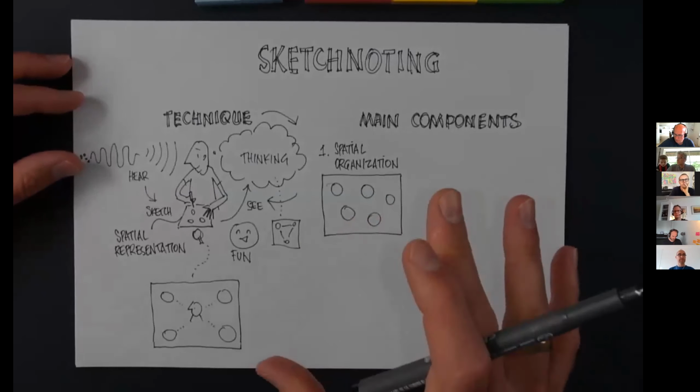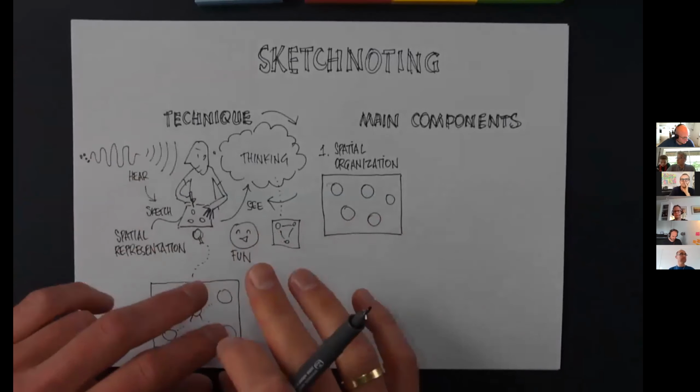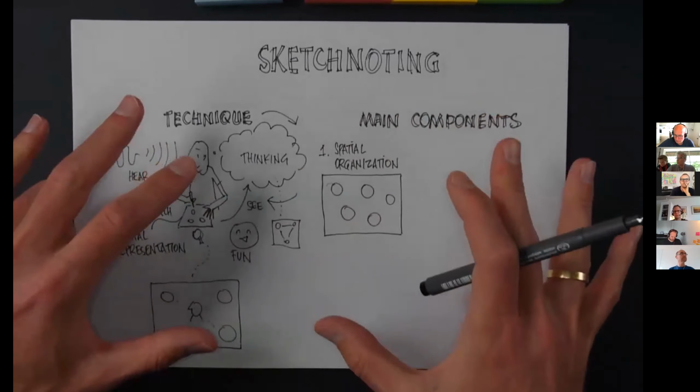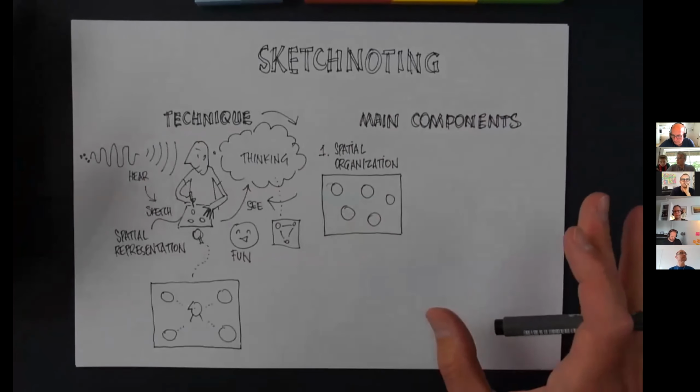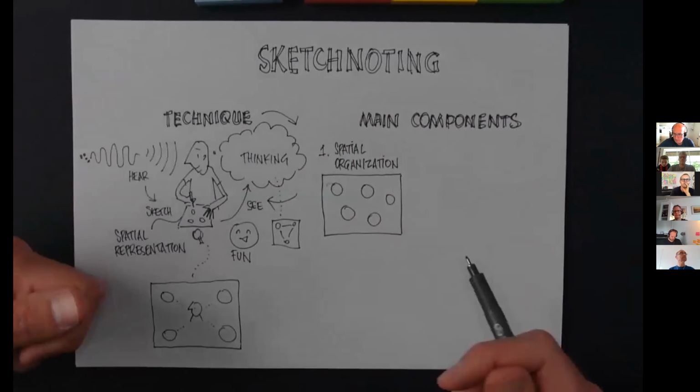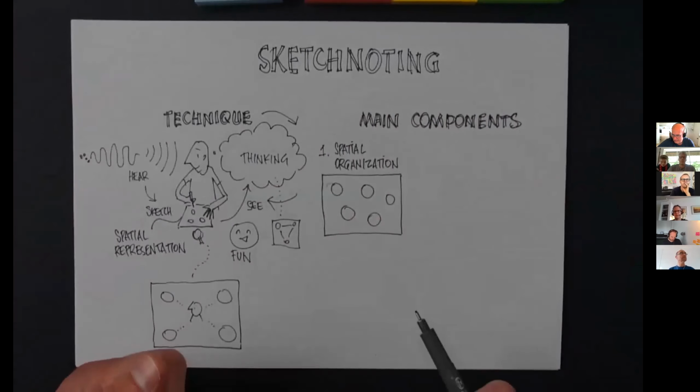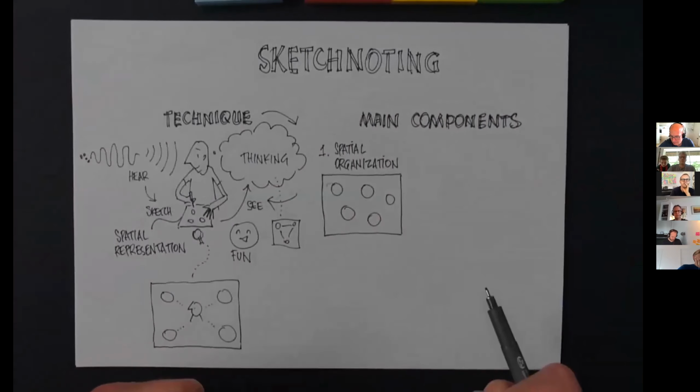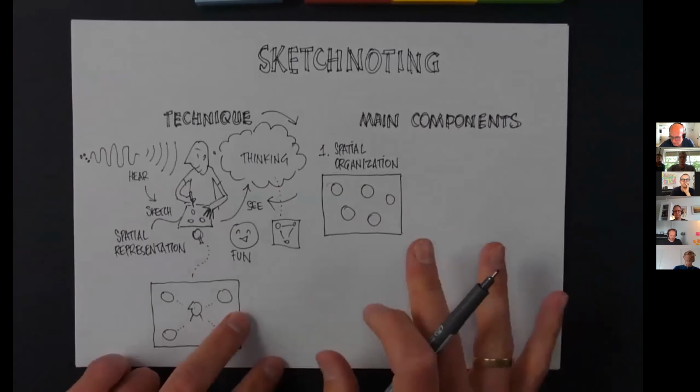So the first main component is just to place stuff on a piece of paper, even if it's a totally random organization. This fact alone triggers your brain to start working a bit differently. So that does the trick itself alone.